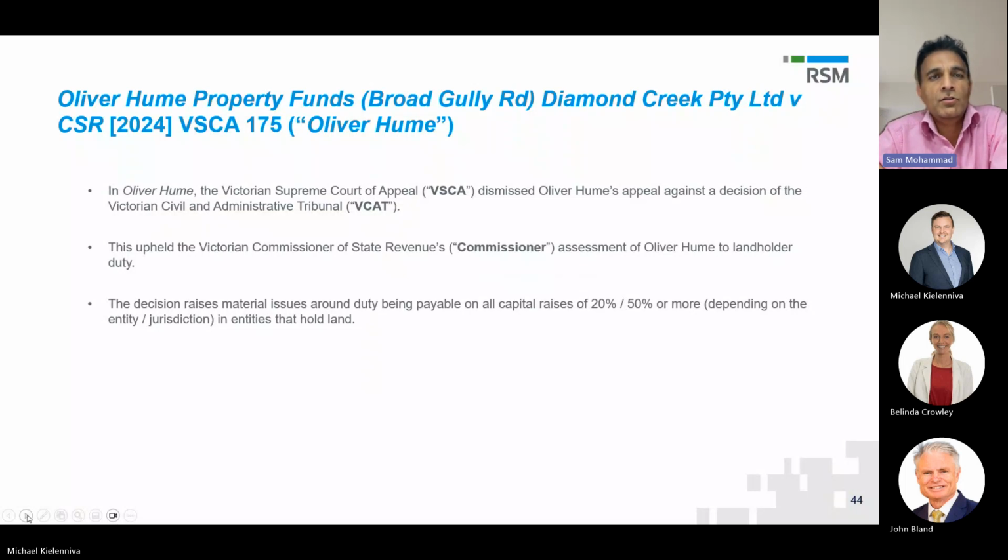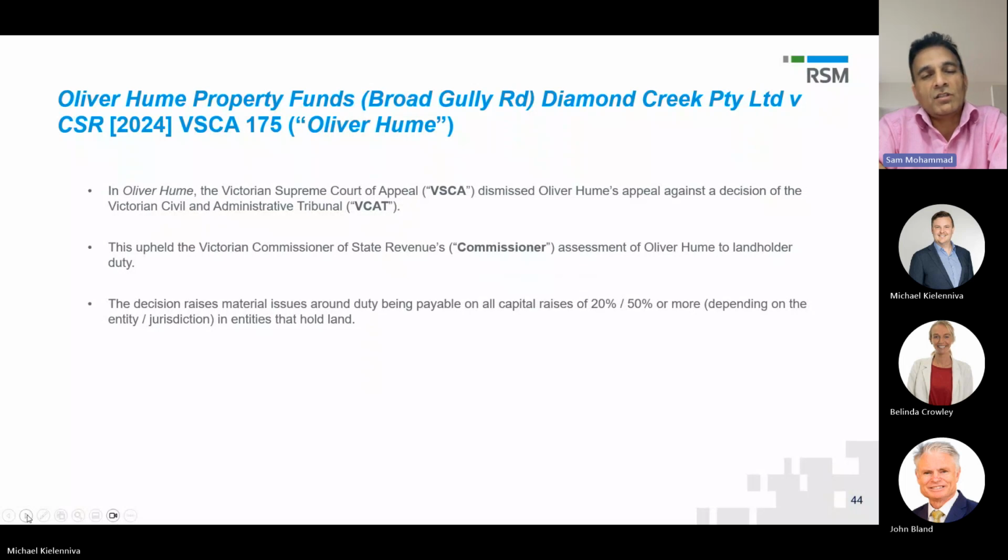So Oliver Hume, for those who are unaware of this case, this is the landholder duty case out of Victoria. That said, given the landholder regimes that apply across all of the Australian states and territories are quite similar, it will have broad applications, so not just in Victoria, but Queensland, New South Wales, WA, they all use very similar wording in terms of how their landholder duty provisions apply.